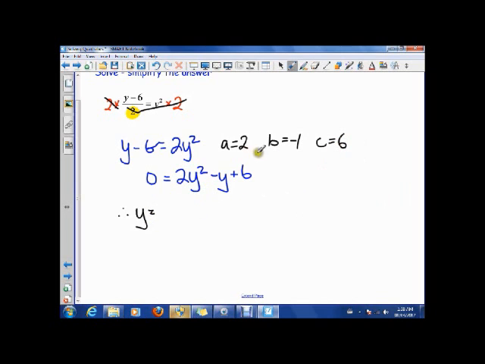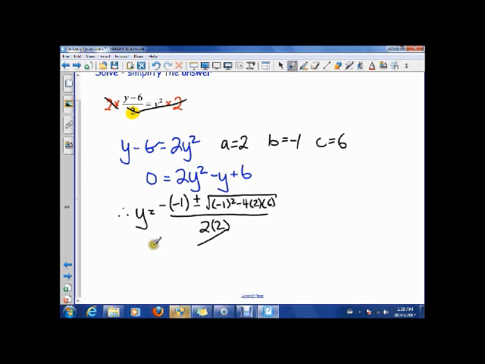Okay, so y is equal to negative b, so negative 1, plus or minus the square root of b squared minus 4ac, over 2a.